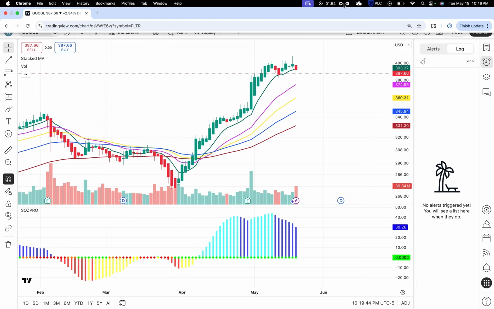The paid version that you can get from John Carter and his company is slightly different in terms of the colors of the dots, but fundamentally it still works the same.